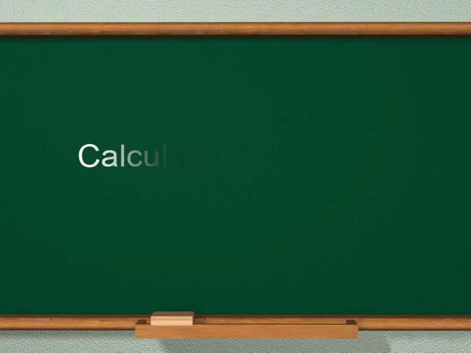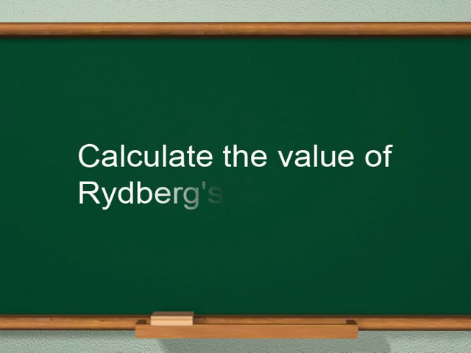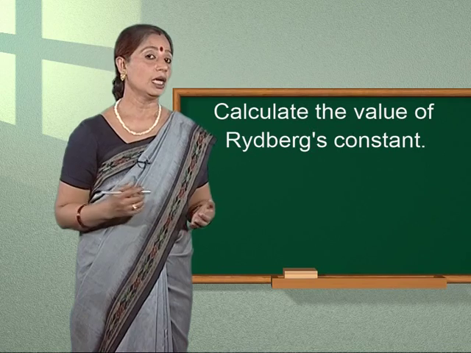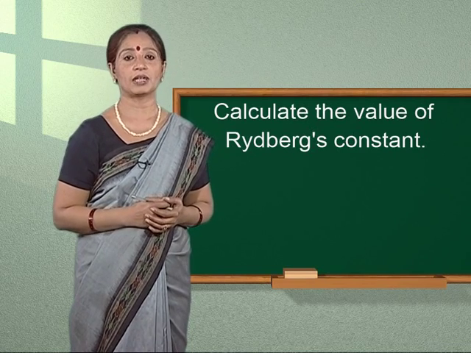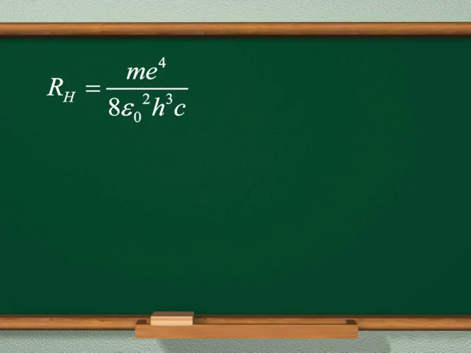Now, calculate the value of Rydberg's constant. Rydberg's constant is given as RH equal to m e to the power 4 upon 8 epsilon naught square h cube c.